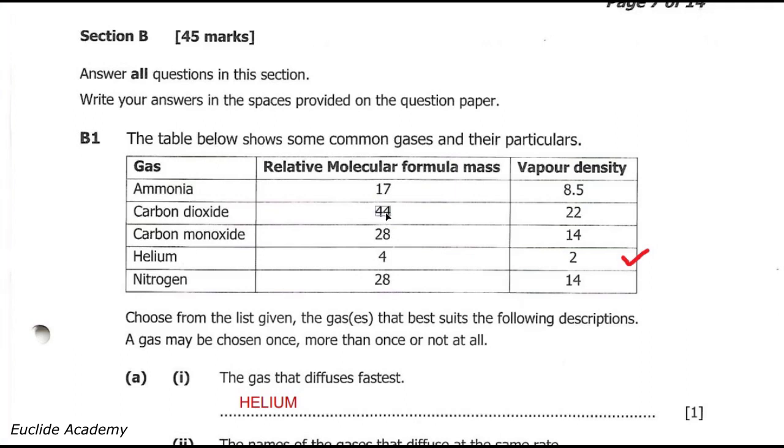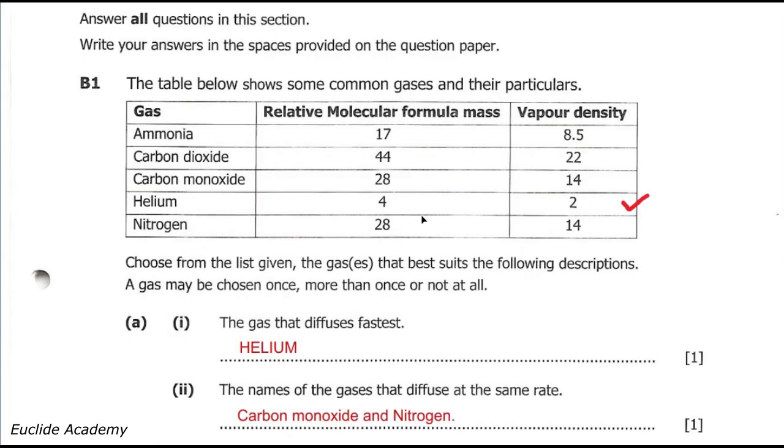So already you can see that the higher the relative molecular mass, the higher the vapor density, and the smaller the relative formula mass, the smaller the vapor density. So there's some kind of a relationship.